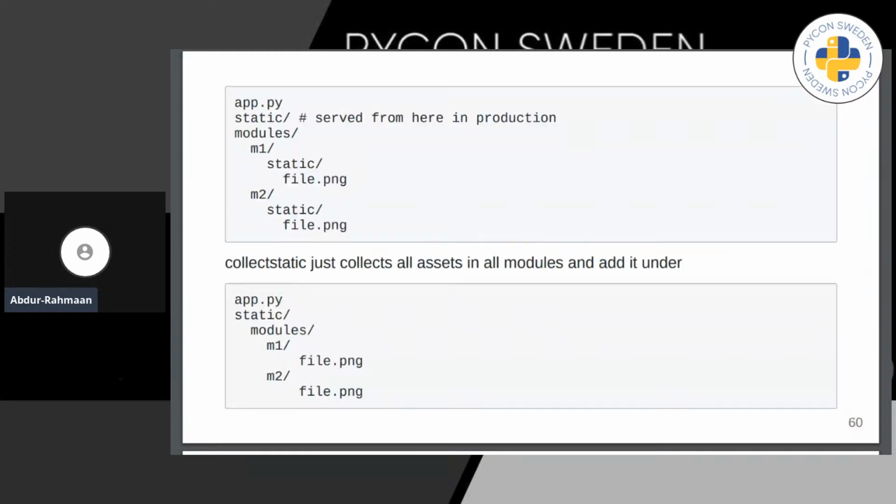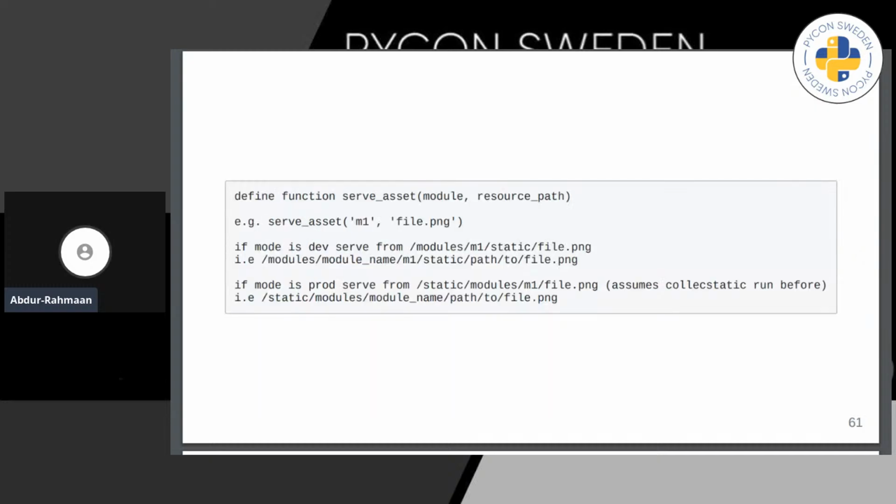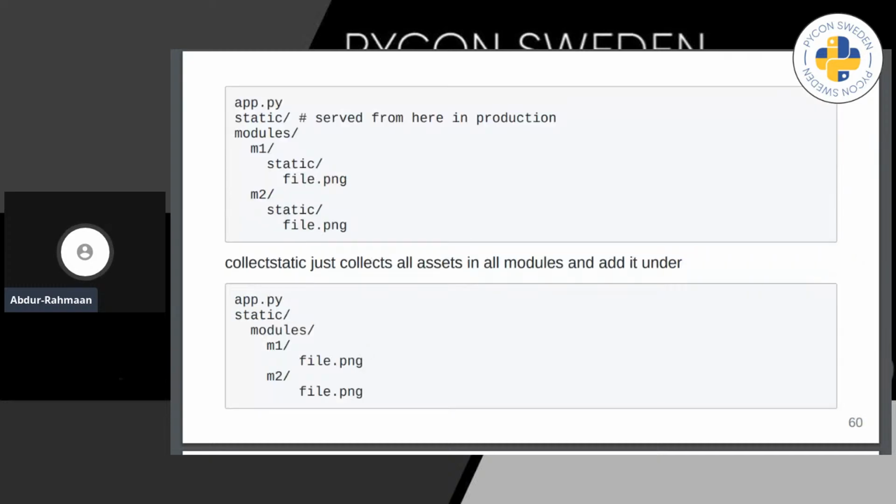Normally in production you'll be serving from the static folder, but for development, or even for writing modules, you'd want to keep, like we said, everything in the module, your static folder in your module.